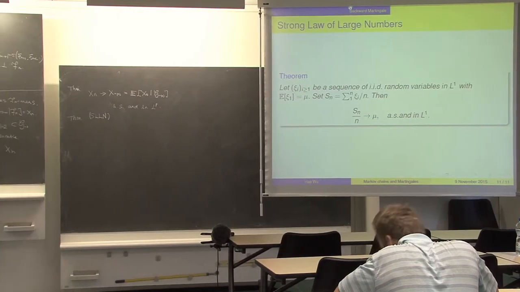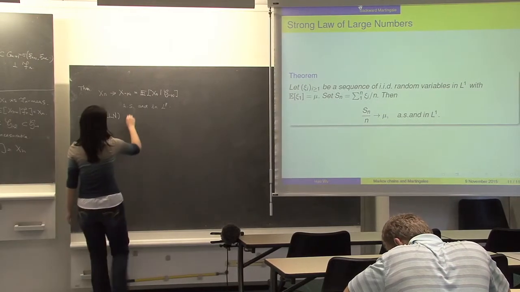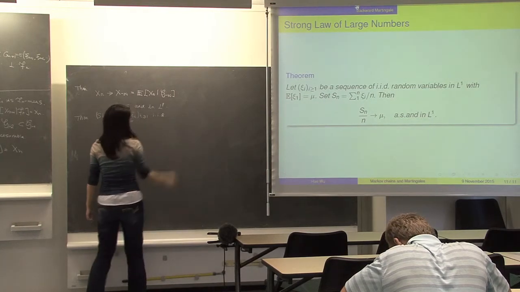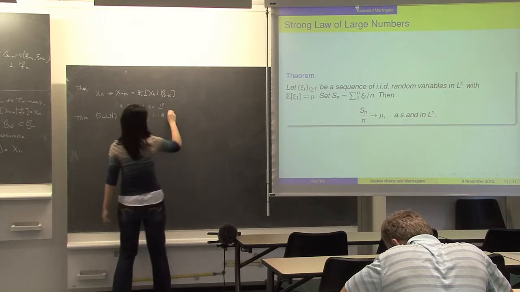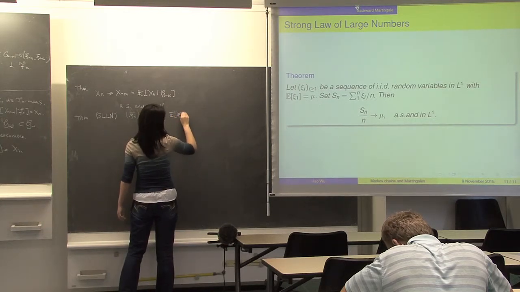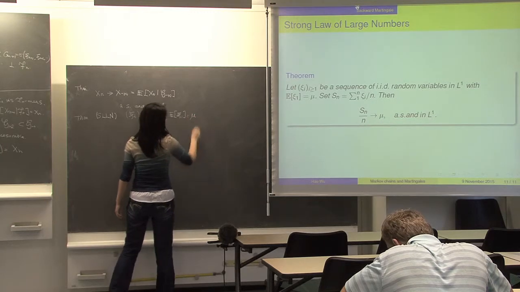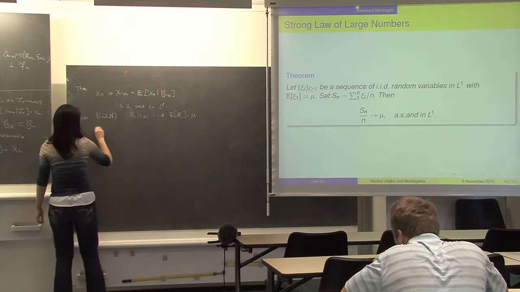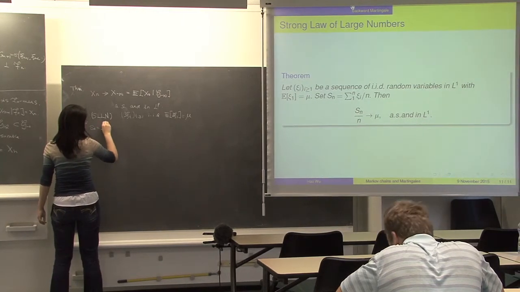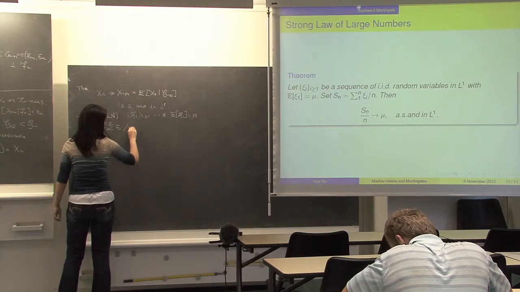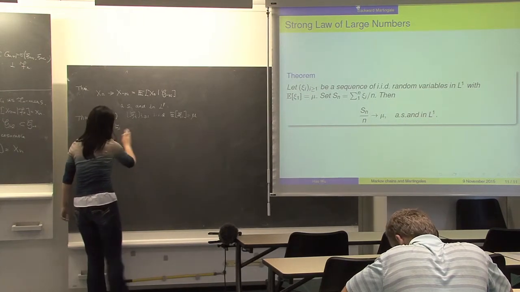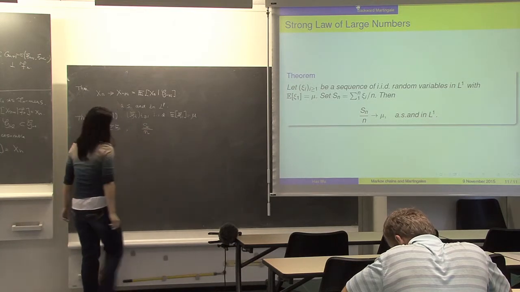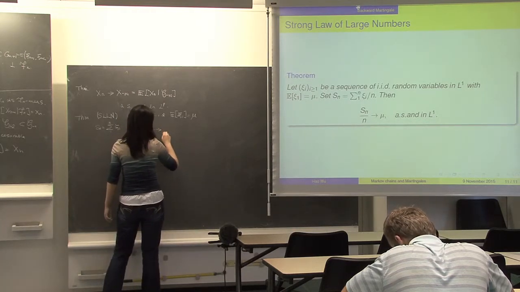The strong law of large numbers says that we have an IID sequence with finite mean, and we say this mean is mu. Sn is the summation from 1 to n, and the strong law of large numbers says Sn normalized by n converges almost surely to mu.